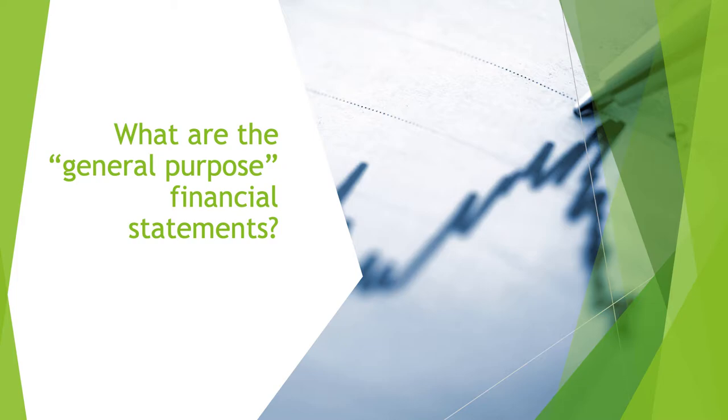What do you mean by general purpose? What does the general purpose here mean? Issued by the management at regular intervals. But what is really a general purpose financial statement? Or what makes it different from all the other statements? Why is it called general purpose?